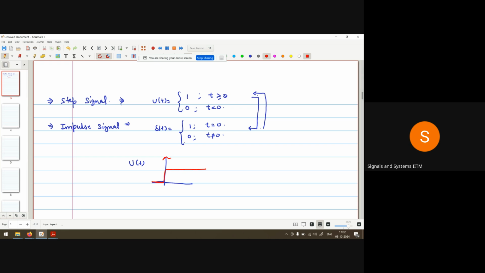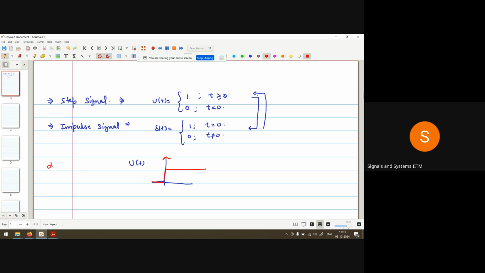Now you know the differentiation. Yes, everyone knows the differentiation, I think. Okay. So if I do the differentiation of this signal, what will we get?